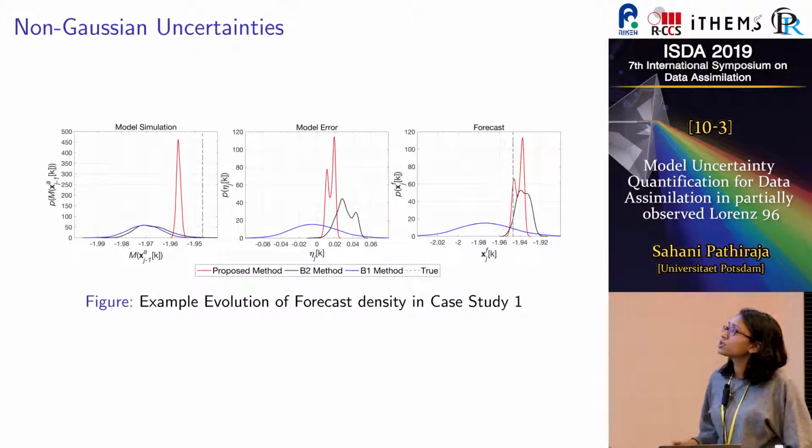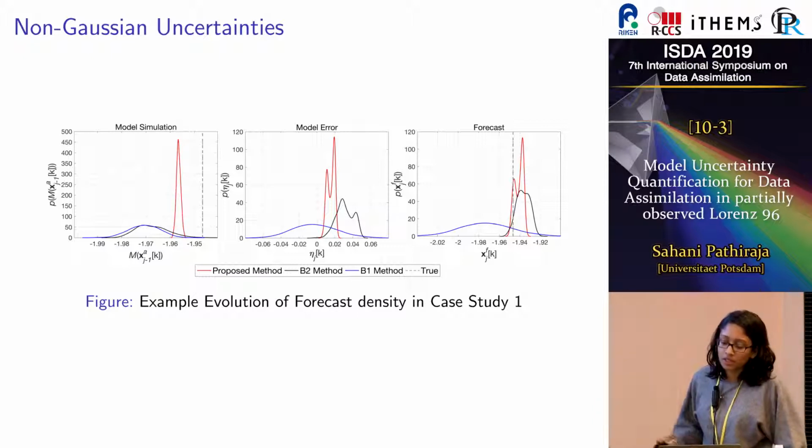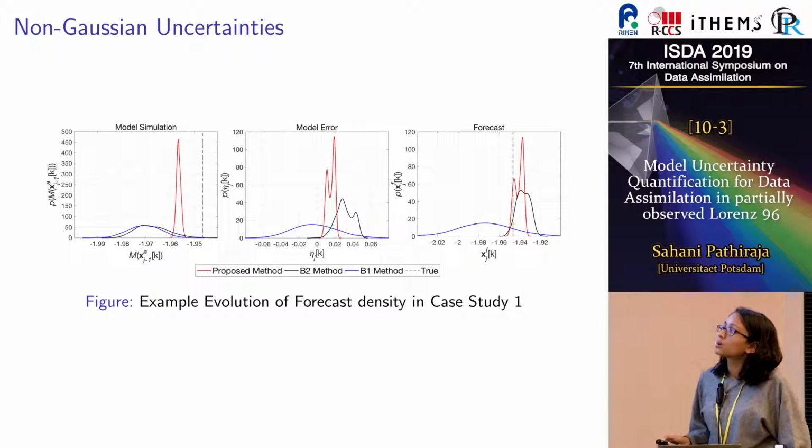Finally, I just wanted to stress, again, the importance of accounting for non-Gaussian uncertainties. So this shows a particular snapshot during the assimilation process. On the left, we have the model simulation given the analysis from a previous time. The middle shows the sampled model error density, and the last plot shows the resulting forecast or prior.